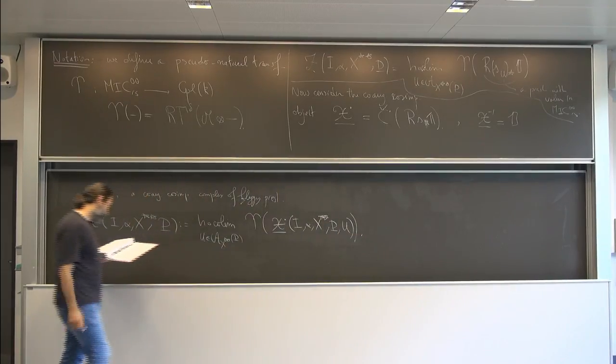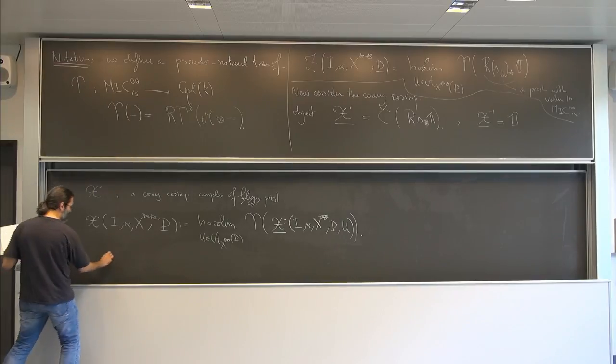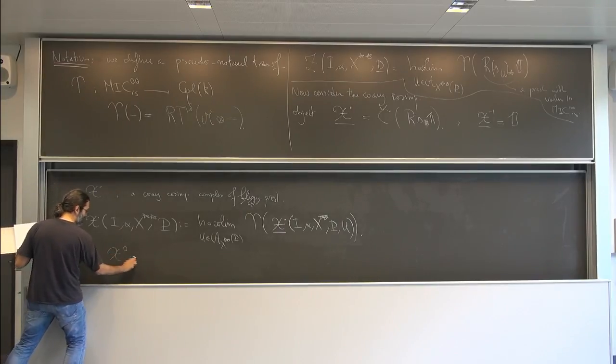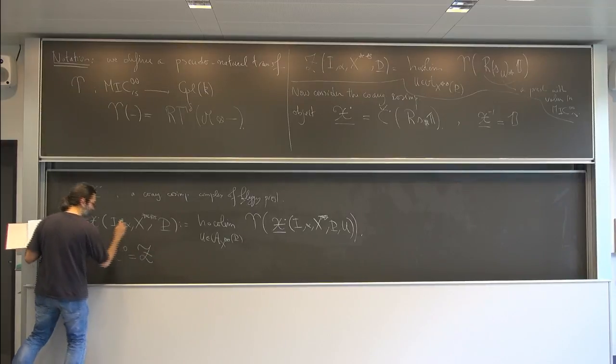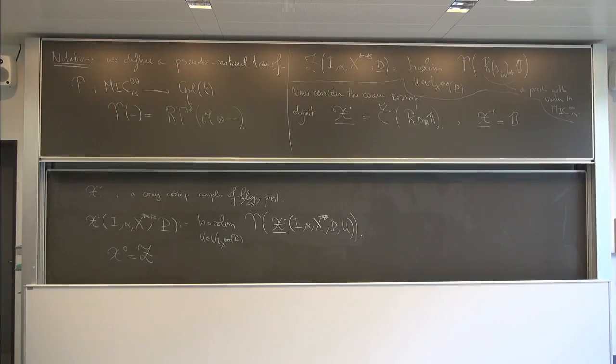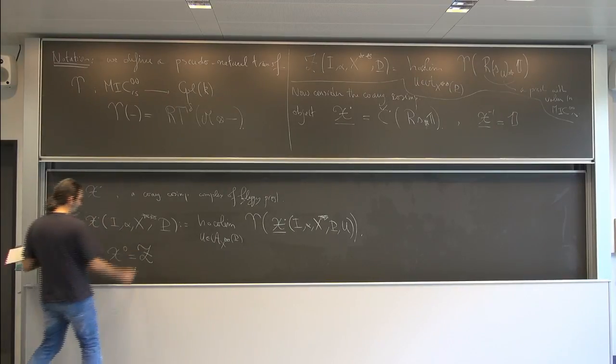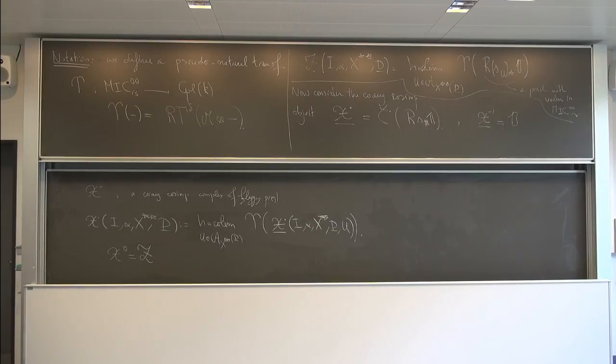Okay. So of course it's clear that x0 is just the z that appeared previously in the theorem. Okay, so we just somehow extended the z to some augmented cosimplicial object.